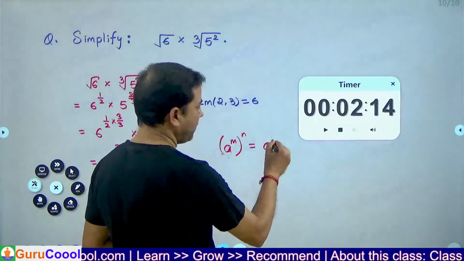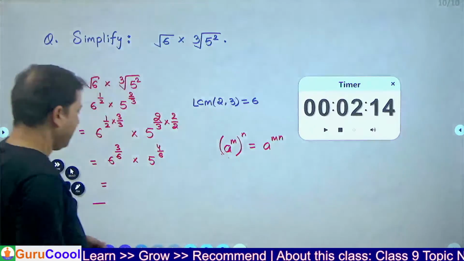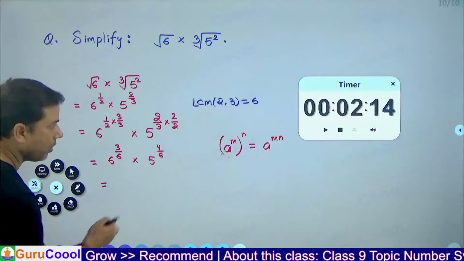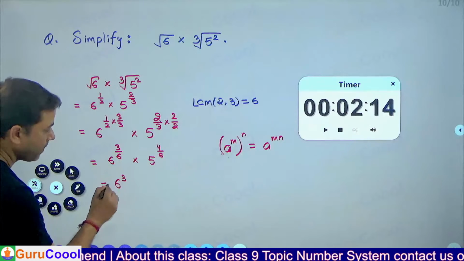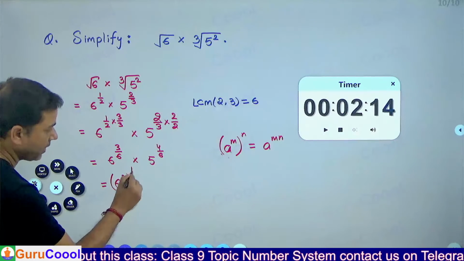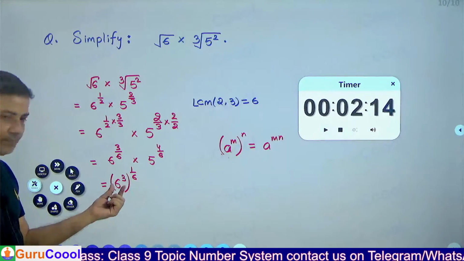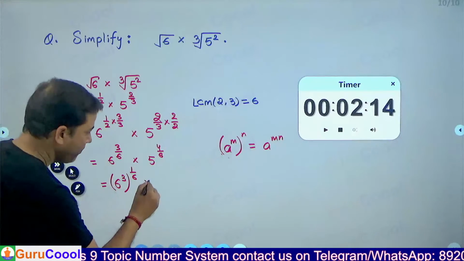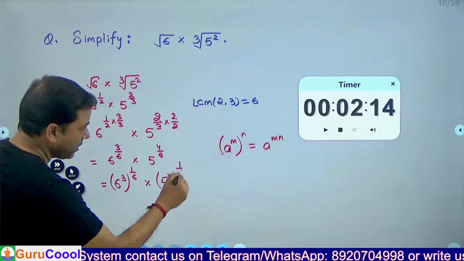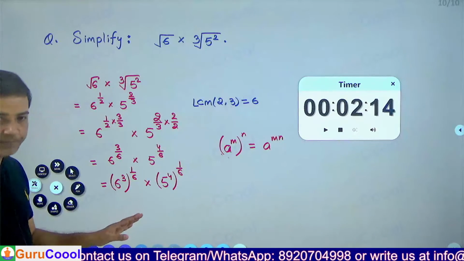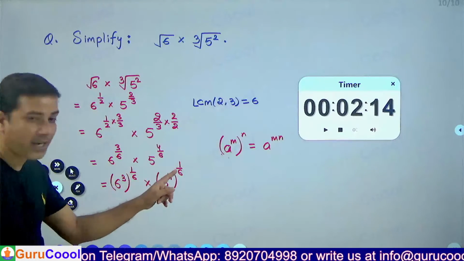A raised to the power mn. So using this law of exponent, I can rewrite this as 6 raised to the power 3 and whole raised to the power 1 by 6. Is it valid? Yes. Now this one is 5 raised to the power 4 and whole raised to the power 1 by 6. Again valid. Now we have powers the same.